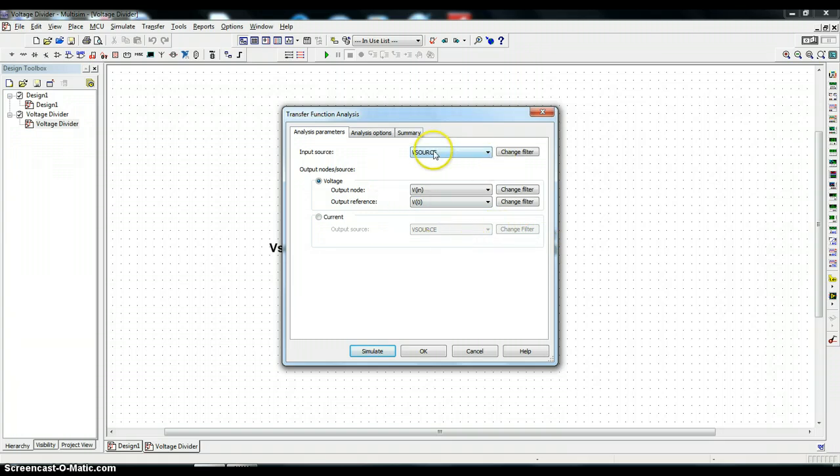Well, in this case, there's only one source, so you can't even find any other source. It's simply V source. You specify an output node, which should be V out. Okay, V out is the output node, and V of 0 is the ground reference node. So we're going to determine the transfer function between V source and V out with respect to ground.